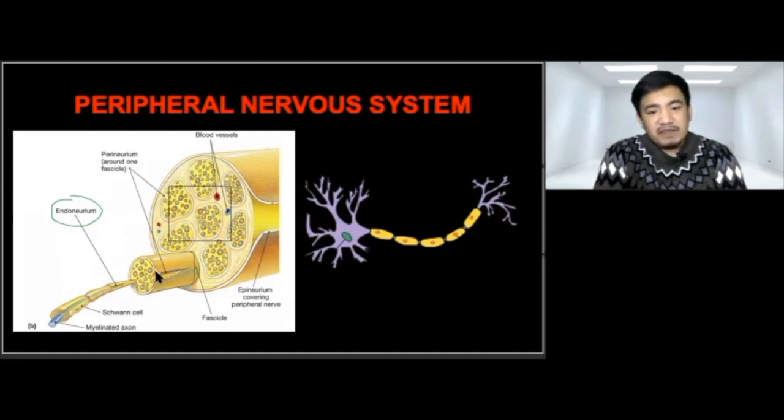The connective tissue that surrounds that fascicle is called the perineurium. The collection of fascicles makes our peripheral nerve, and the connective tissue that covers that peripheral nerve is called the epineurium.